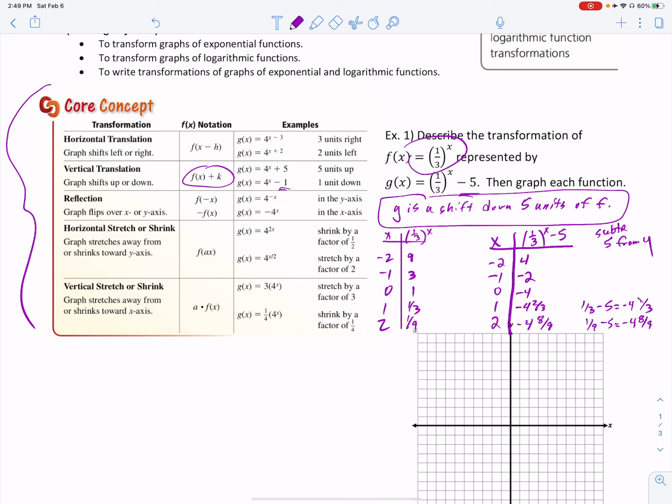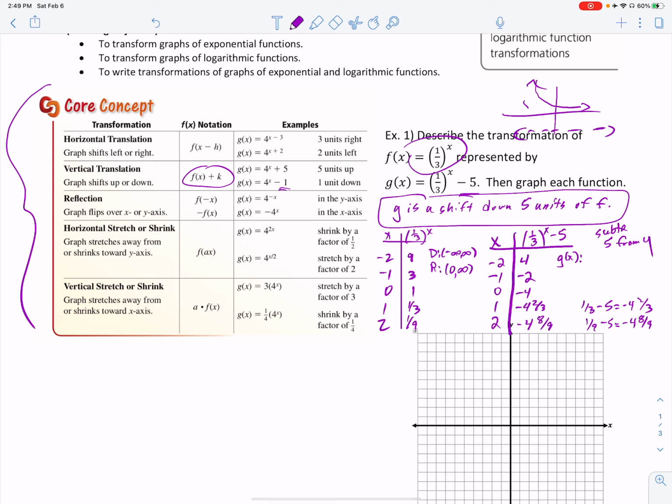Remember, this function in general, since the base is between 0 and 1, is a decreasing function. And the domain on this is all reals. And the range is 0 to infinity. But when you look at the function g, you have shifted it down 5.